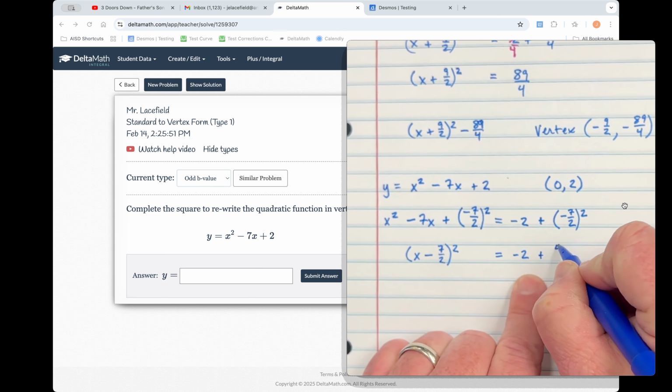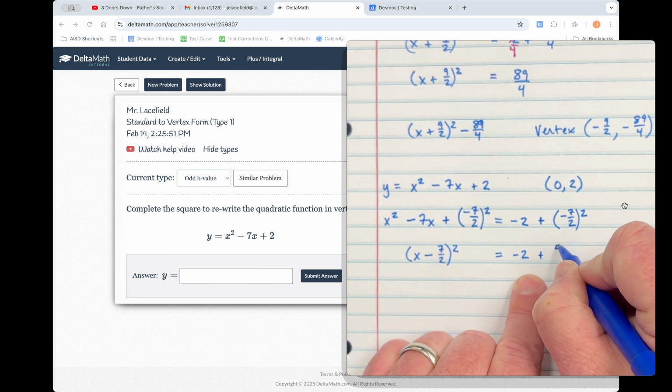And just like before, we're going to make a common denominator of 4. So that goes to 8. Negative 8 plus 49, or 49 minus 8, that's going to be 41. So this is 41 over 4. So we have x minus 7 halves squared equals 41 over 4.